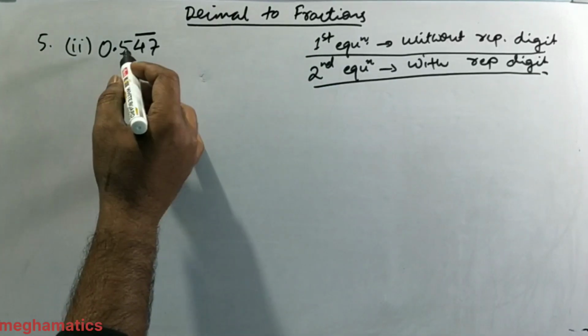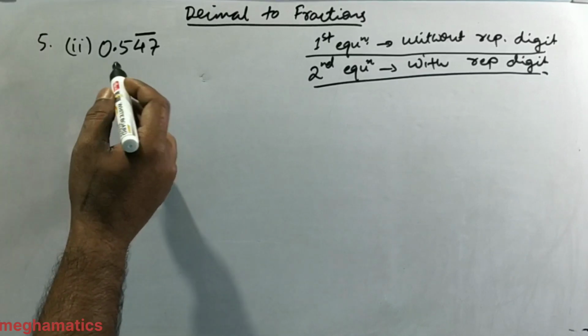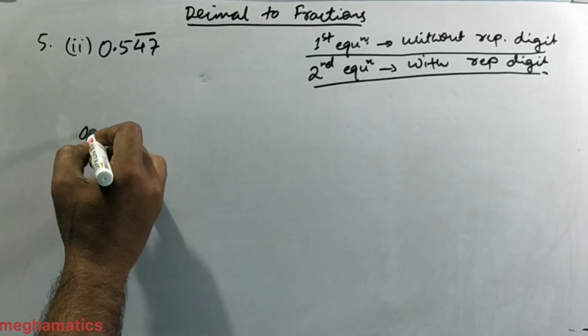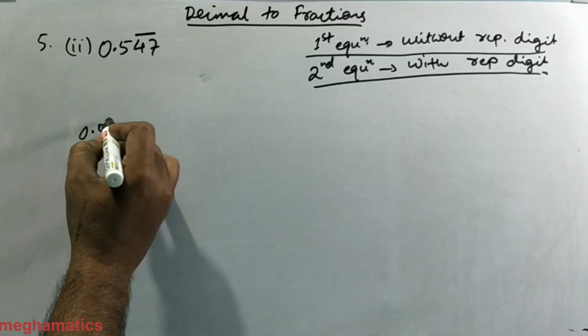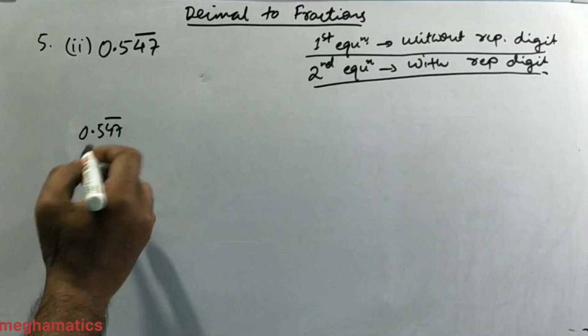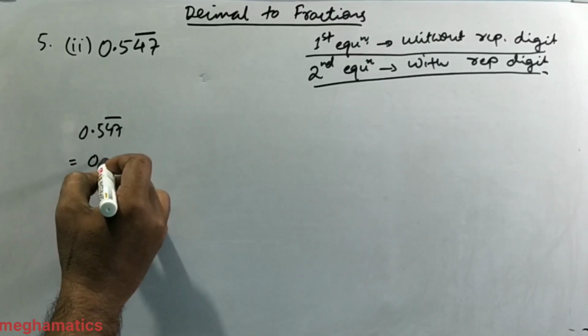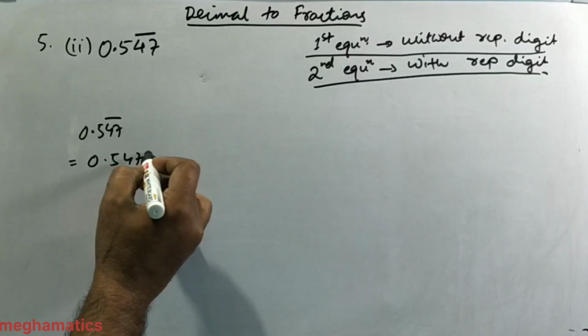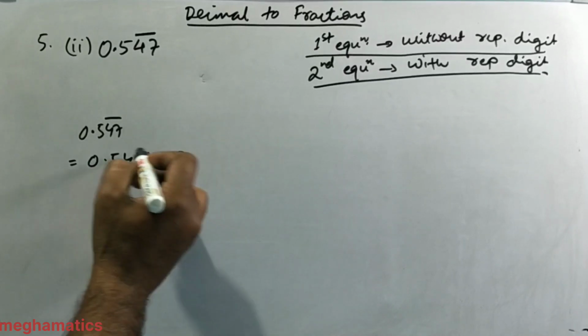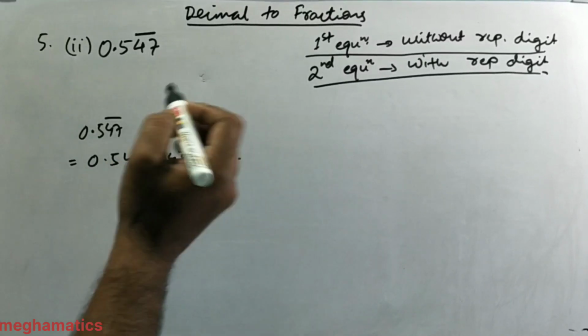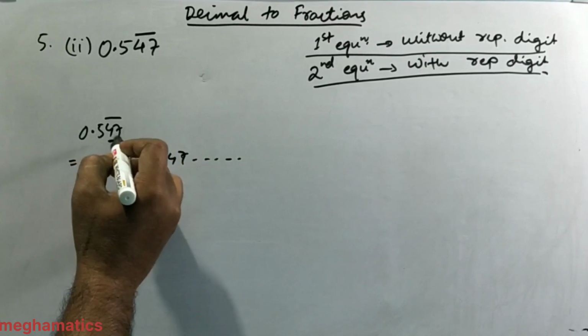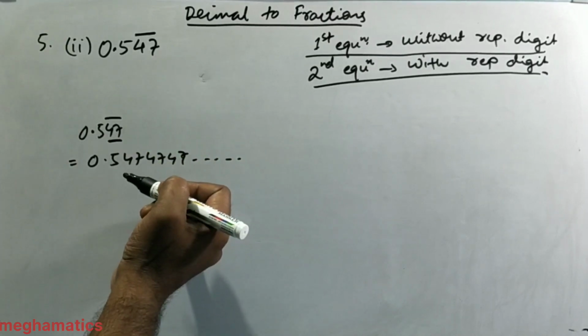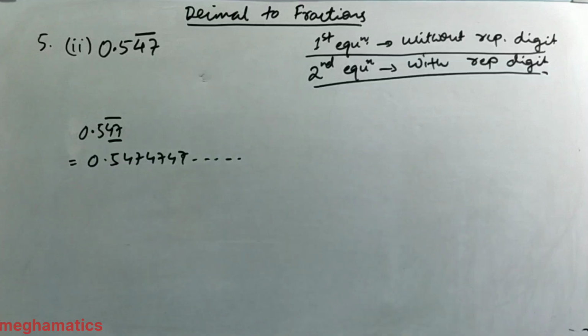Okay, since we are given 0.547 and the bar is on 47, that means it is 0.5474747. This 47 is repeating again and again. Only this 47 is repeating, 5 is not repeating, so we have to remember that.